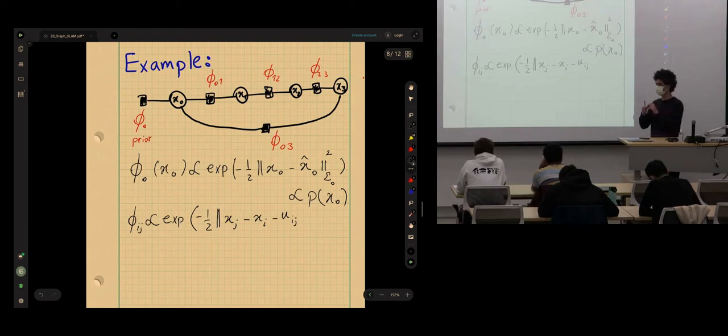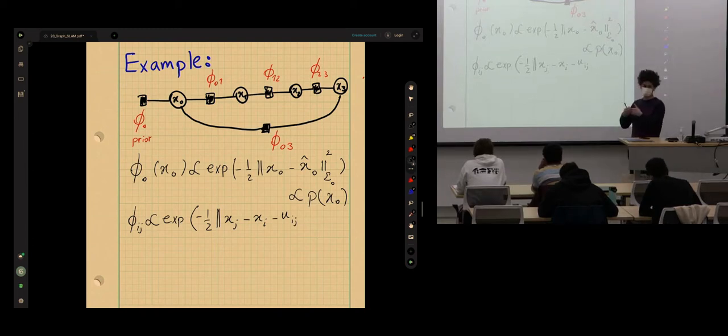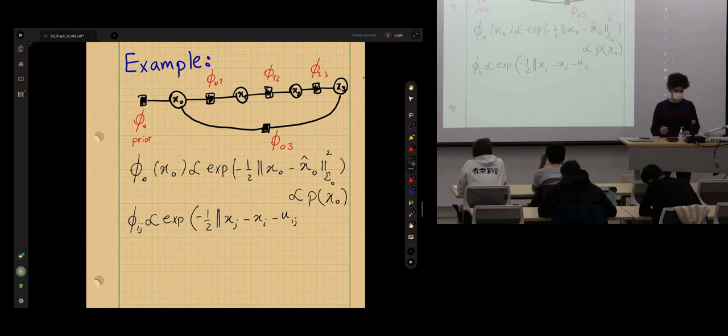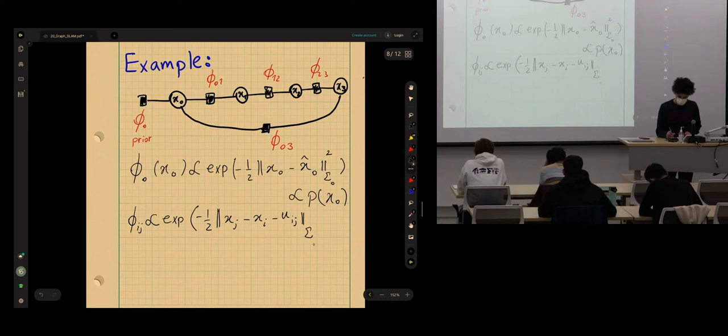So there is an input that when we add it to xi, it will give us xj. That's the model. And this is proportional to a model that describes the transition from xi to xj given uij.